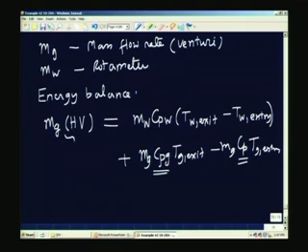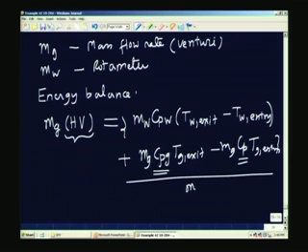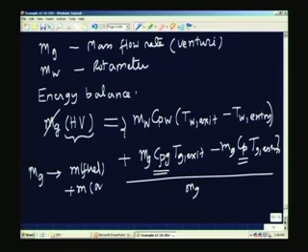So, all I want is the heating value. So, that will be this entire thing on the right hand side. If I put a bracket like this divided by mg, I get the heating value for this. Of course, the mass of the gas consists of mass of fuel plus mass of air.